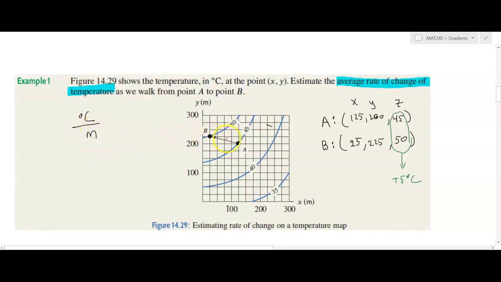So to calculate the distance change, we can't just look at the x component or just the y component. We actually have to look at how long this vector is right here. So to calculate the length of that vector, I can triangulate it. So I will go ahead and form a triangle here. So there's my triangle. And this component right here is, well, negative 100, really, if you represent it as a change. It's a change of 100 units to the left.